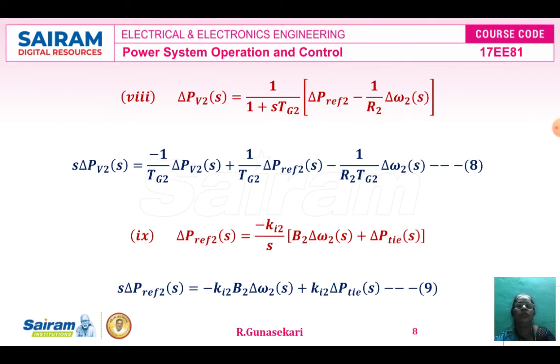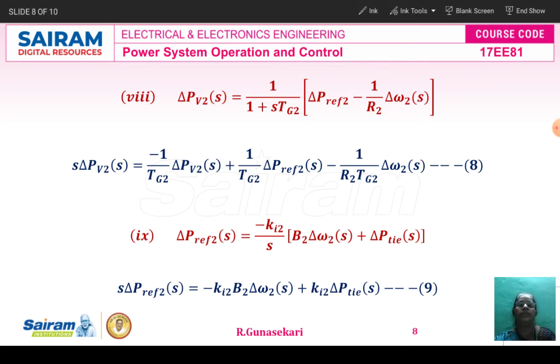Now equation 8 is for ΔPV2, the valve power. The valve power ΔPV2 for area 2 is the input of the turbine and the output of the governor model. So 1 divided by (1 plus sTg2) is the transfer function of the governor model of area 2, multiplied by ΔPreference2 minus 1 divided by R2 into Δω2 of s.